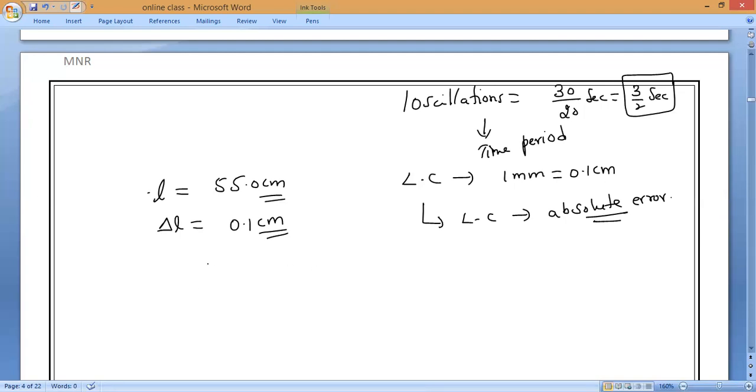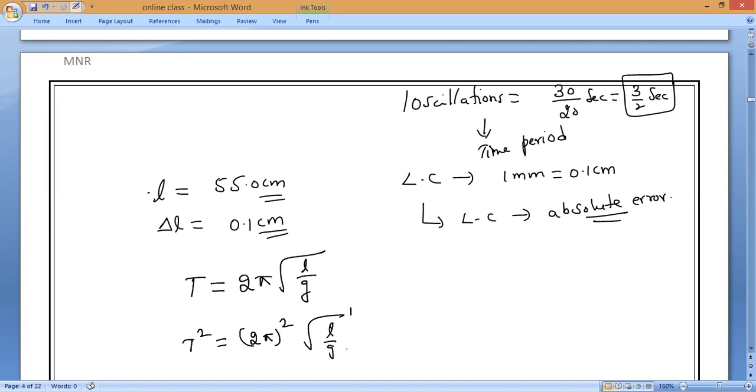Now, the simple pendulum formula we derived before: T is equal to 2 pi into root of L by g. Now we want g. Then square both sides. T square is equal to 2 pi whole square into root of L by g whole square.